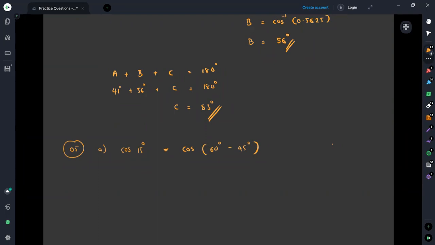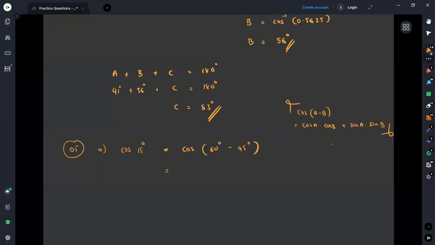It is quite in the form of cosine A minus B. If you have cosine A minus B, what we discussed in the previous session was we can write this as cosine A times cosine B plus sine A times sine B. Using this equation, we can handle A minus B. Now these 60 degree and 45 degree are well-known, commonly used angles.